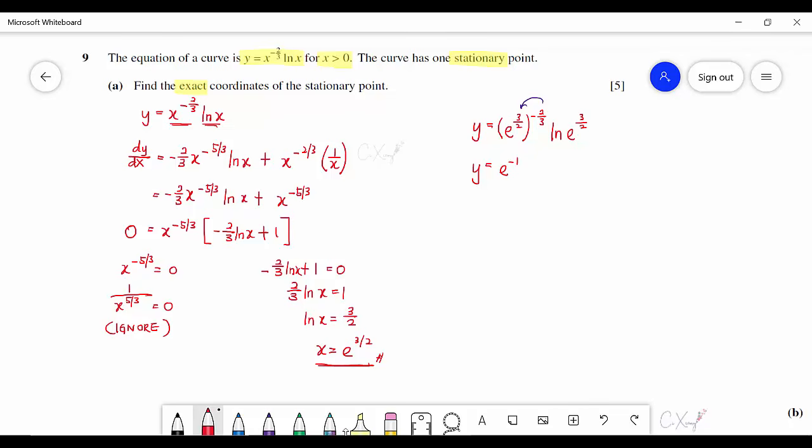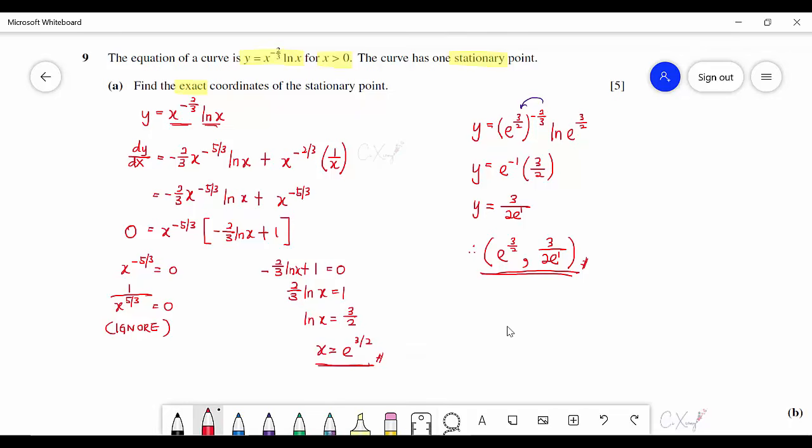Then ln e power 3/2. ln e is 1. Then the power, when you put it in front, it will become a number, which is 3/2. And therefore your y will be equal to 3/2 e power -1. Therefore, the stationary point coordinate will be e power 3/2 and also 3/2 e power -1. Okay, so this is the exact coordinate for the stationary point for part A.